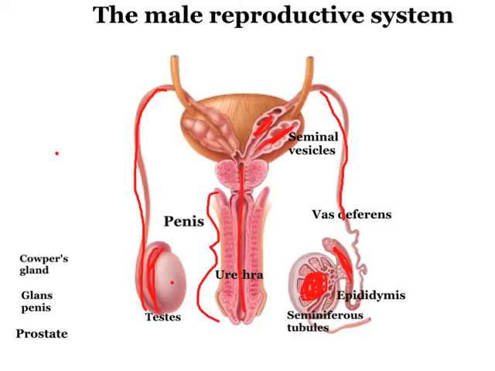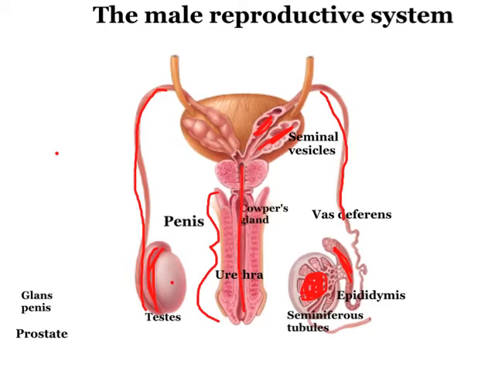Interesting to note, the testes are on the outside of the body because sperm are produced at a temperature slightly lower than body temperature. If the sperm were produced inside the body, it would be too warm and they wouldn't form properly. That's why the testes are on the outside of the body, and that's why if you wear tighty whities, your sperm count can be lower than if you don't.